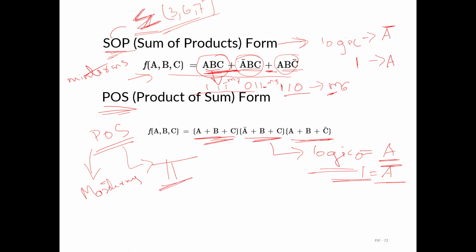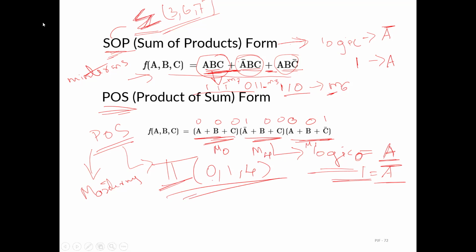Now, as logic 0 is represented as A here, it is 0, 0, 0, 1, 0, 0, and 0, 0, 1. So 0, 0, 0 means M0, 1, 0, 0 means M4, 0, 0, 1 means M1. So pi of 0, 1 and 4 is the POS function for the given Boolean function.